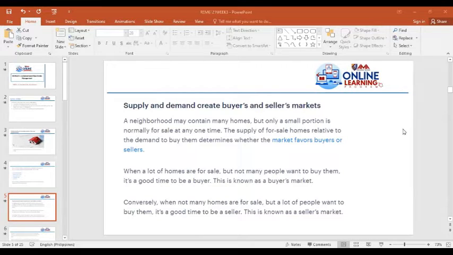So the difference between the seller and the buyer is that people want to have this lot for sale, while the buyer is that people want to buy them. So if you are the seller, you have to look for a potential buyer to buy a lot.